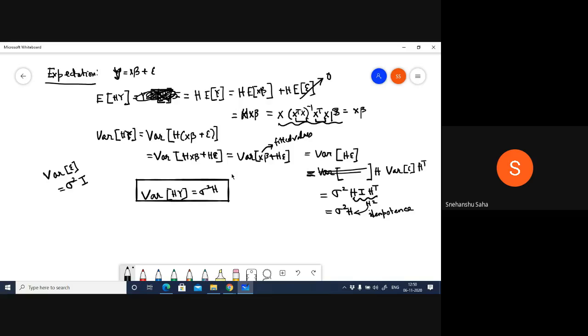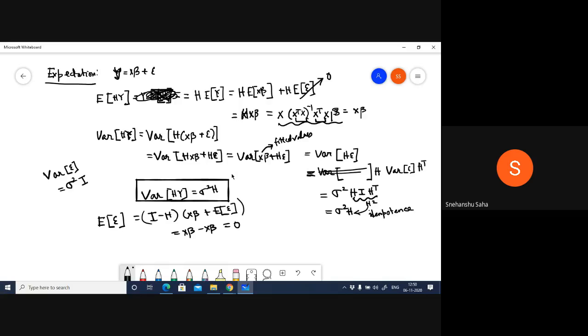Similarly, if I want to compute the expected residual vector, this is nothing but, from the previous calculations, I minus H times X beta plus E of epsilon, and this will be X beta minus X beta, which is equal to 0.